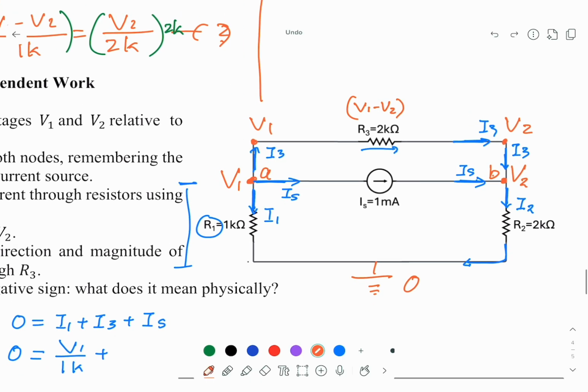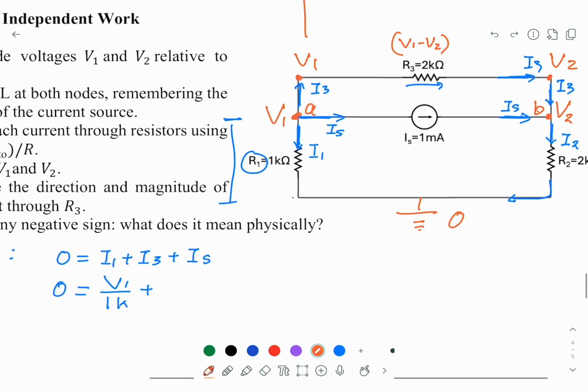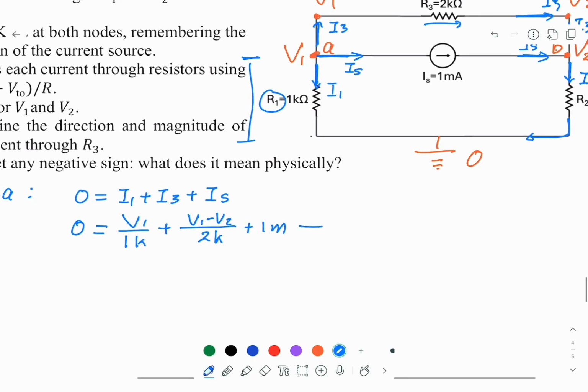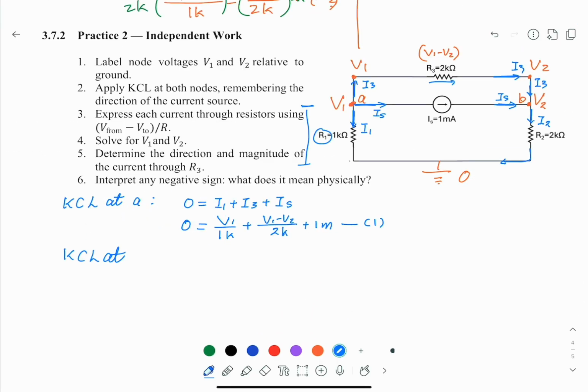So I3 can be written as V1 minus V2 divided by R3, 2K, plus this is 1M. So this is our first equation at A.